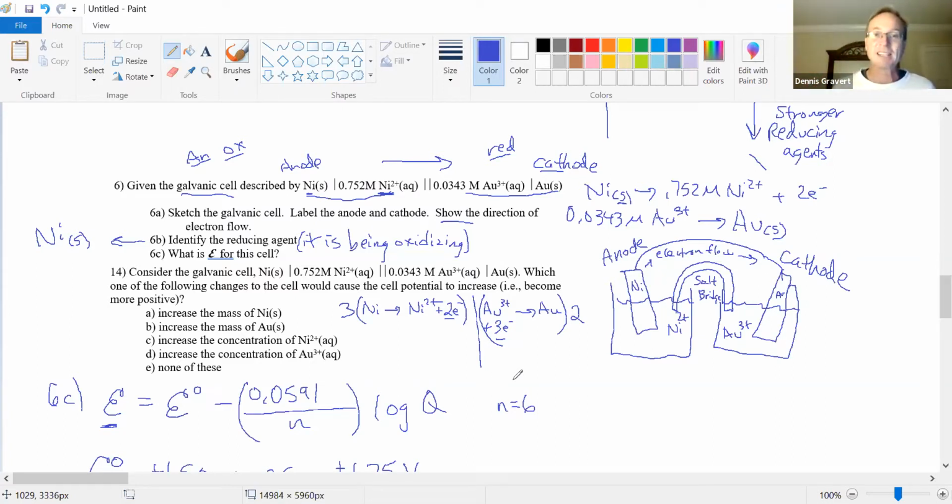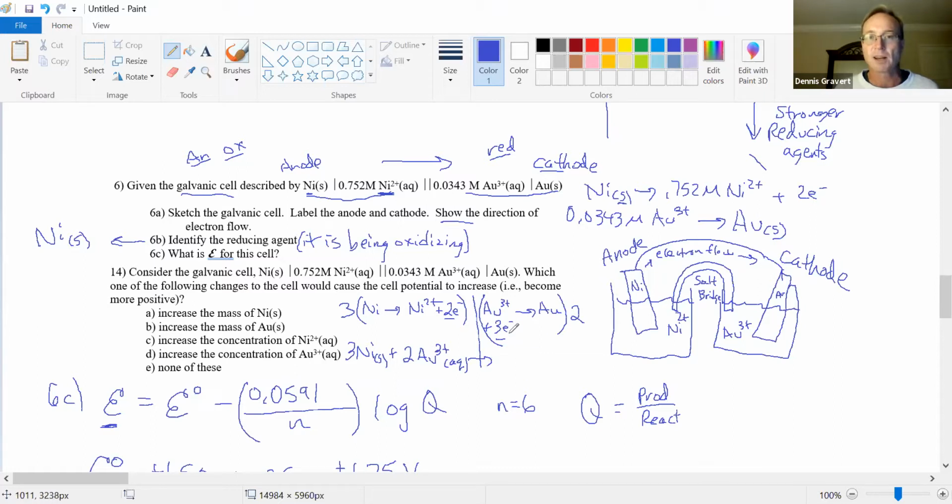Okay, now we need the Q. Q is the products over the reactants. So maybe I should finish balancing this equation. Yes, we do need the balanced equation for the Q. Okay, we multiply by 3, multiply by 2, so then our reactants are going to be 3 nickels, solid, plus 2 gold 3 plus.